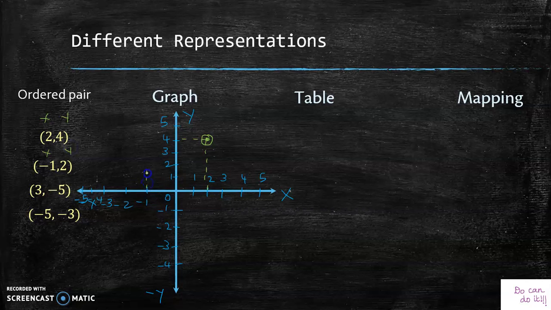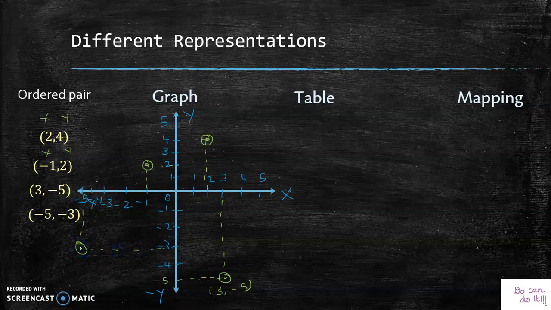Negative 1 is here. 3, minus 5. So here you have 3. Here you have minus 5. 3, minus 5. And then you have negative 5, negative 3.